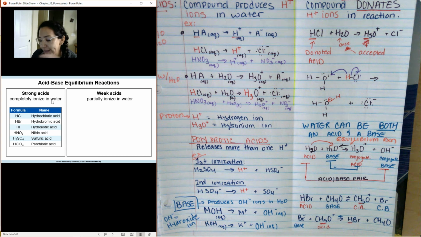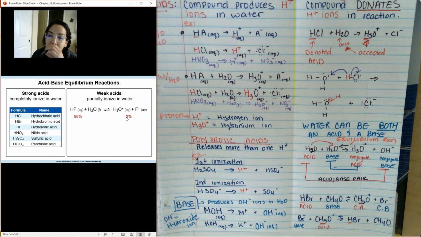So strong acids completely ionize in our water, break apart and whatnot, while weak acids only partially ionize inside of water. Hydrofluoric acid is considered a weak acid and only partially ionizing. But why is hydrofluoric acid a weak acid versus a strong acid?